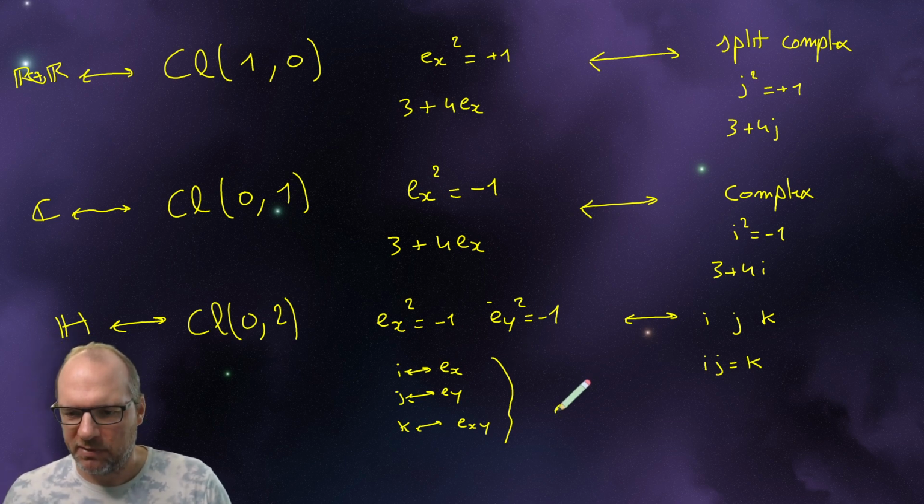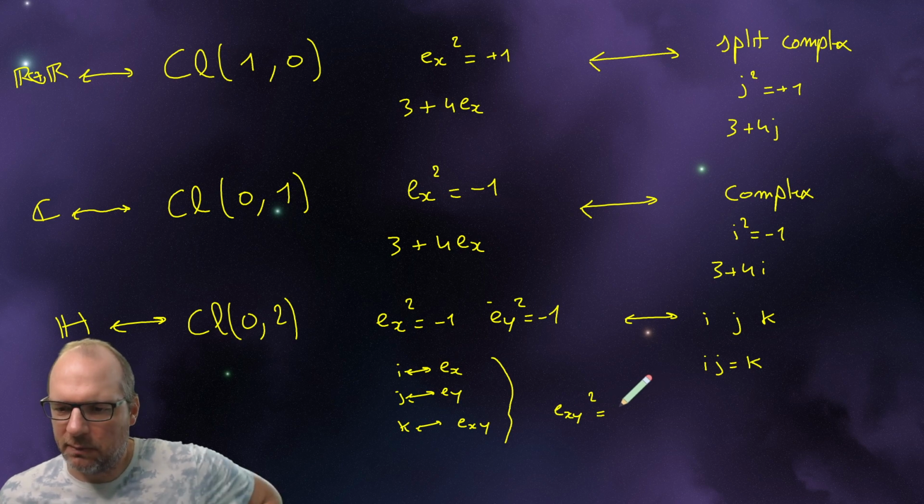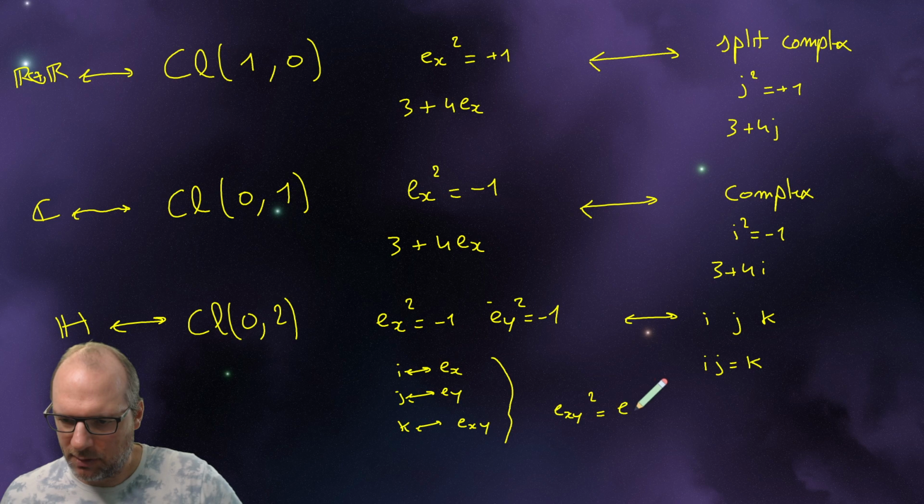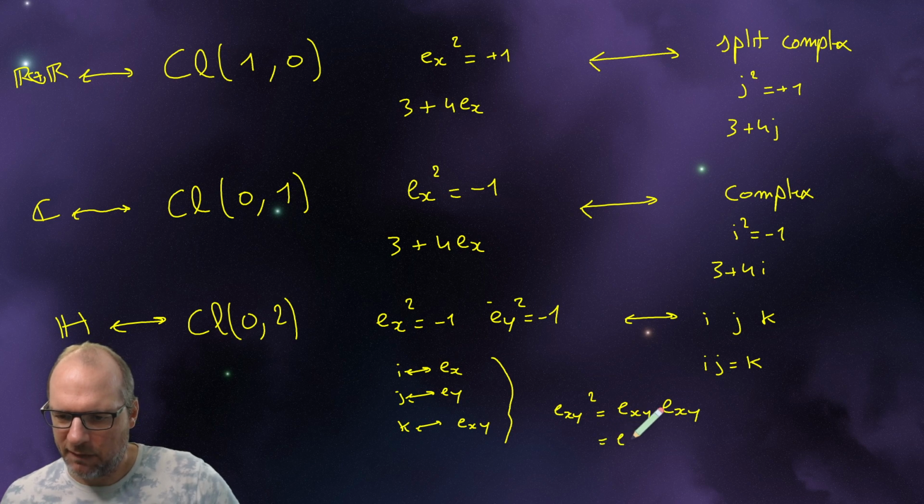But can we certify that e sub xy squared equals -1? Let's do it. We have e sub x, e sub y, e sub x, e sub y.